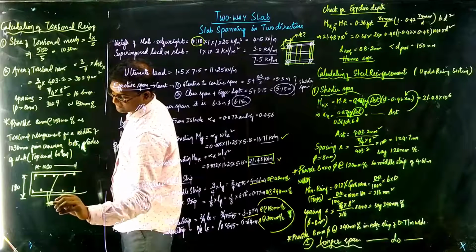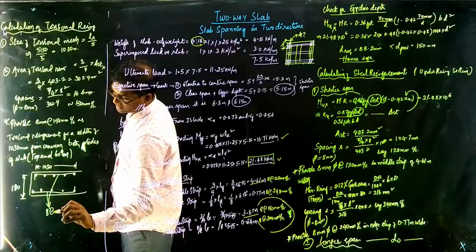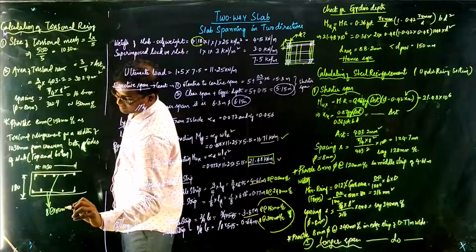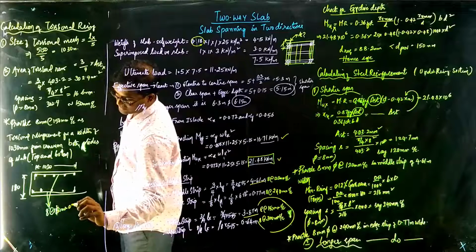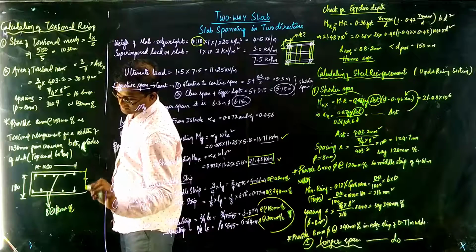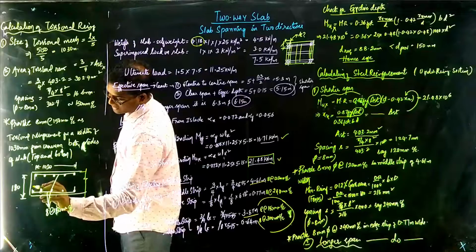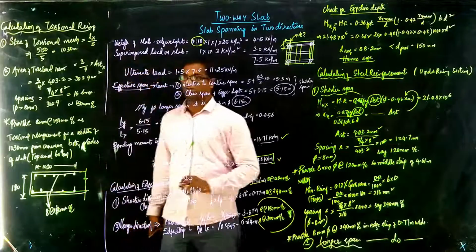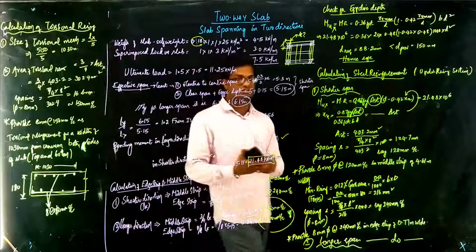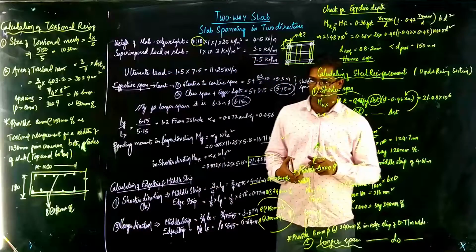Now this is given by 8 at 150, which is other than the main steel. You also get main steel, right? So the detailing part of main steel we will discuss in next video.